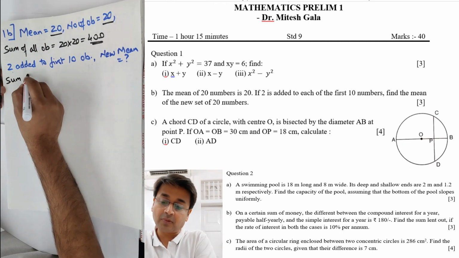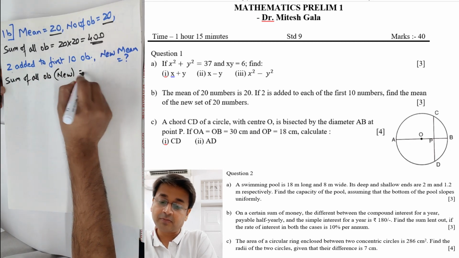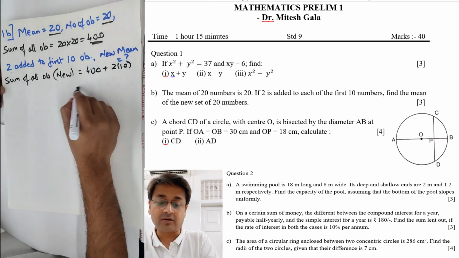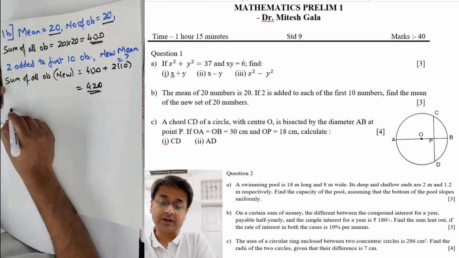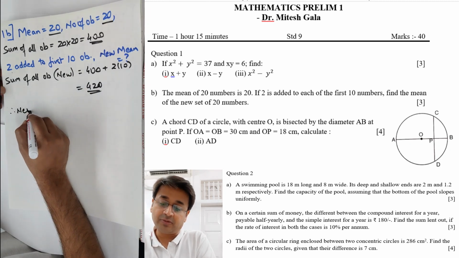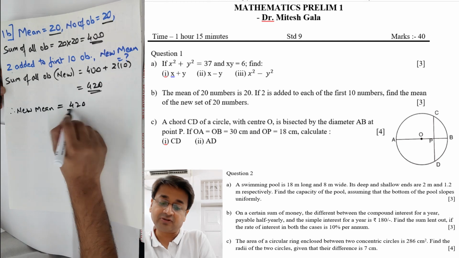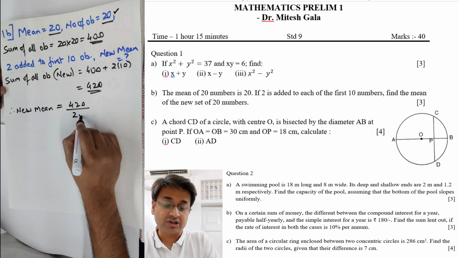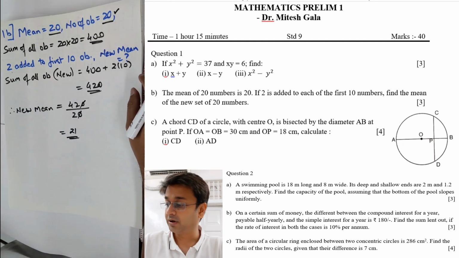So the new sum of all observations is 400, and you are adding 2 to the first 10 numbers, so basically you are adding 20, so you get 420. The new sum is 420, but the number of observations remains the same, so divide by 20 only. So 21 should be your new mean.